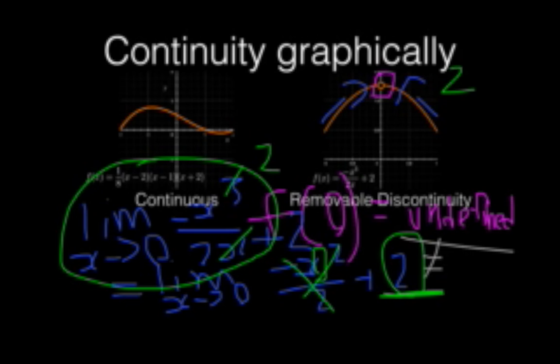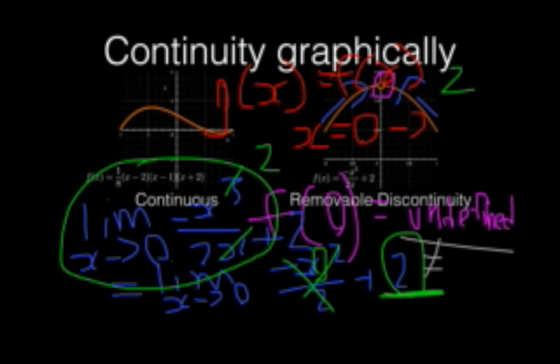Essentially, a removable discontinuity means that if we redefine this function, so let's say the new function is called g of x, and we're going to let g of x equal f of x for all points, except when x equals 0, g of 0 equals 2.